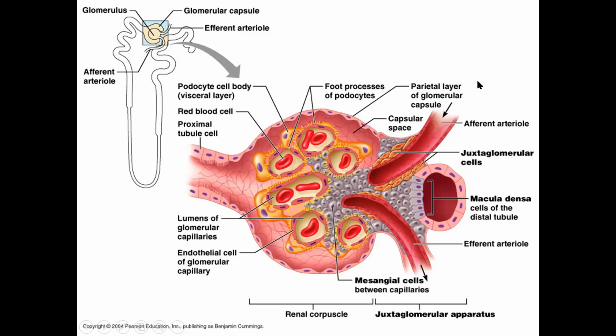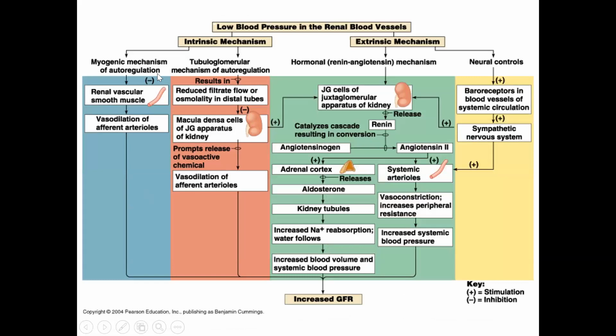But if you have less blood flow in, you have less stretching and less contraction, so a relatively bigger diameter to allow more blood in. That's called the myogenic response. So the myogenic response and the macula densa response are the autoregulation part. It's the intrinsic mechanism.